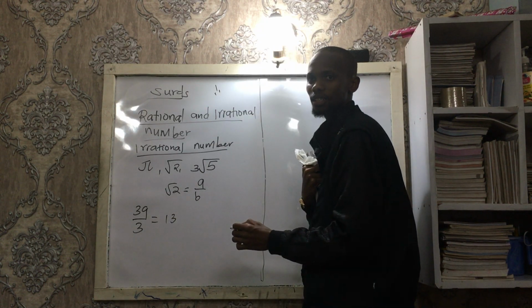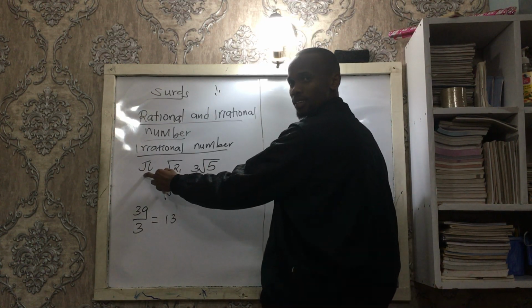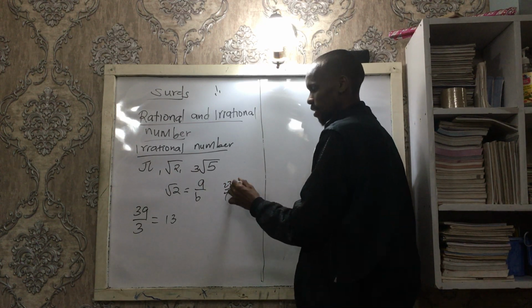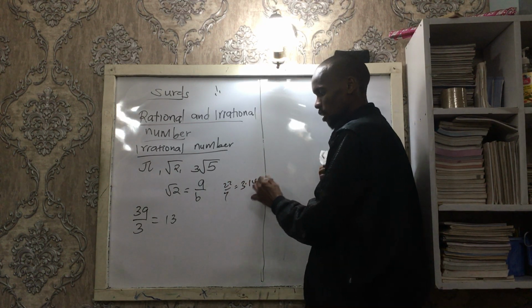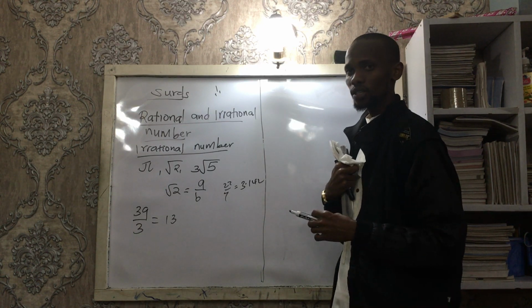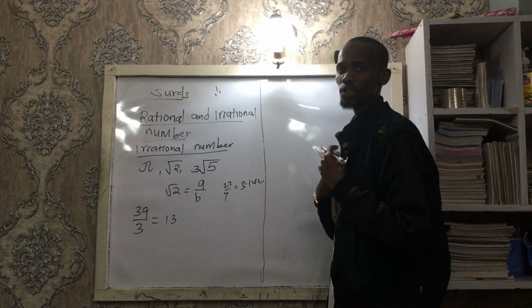Pi can appear as 22 over 7, and then as 3.142 to significant figures. Got it now? I hope you have understood irrational numbers.